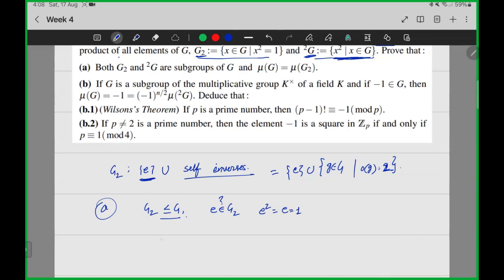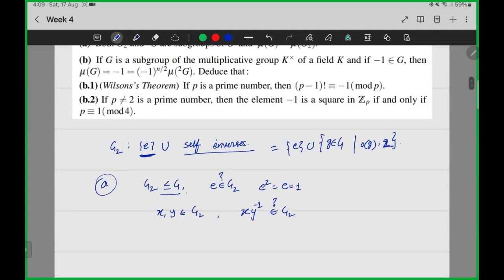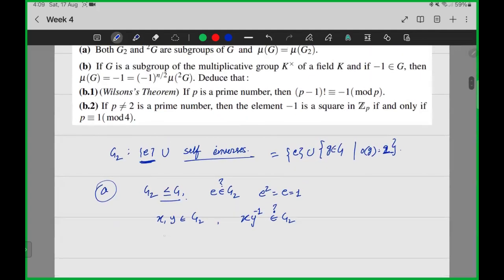What about x times y inverse? We take x and y inside G2, and we have to show that x y inverse belongs to G2. What is the property of being in G2? x squared is just 1, as well as y squared is also 1, right?